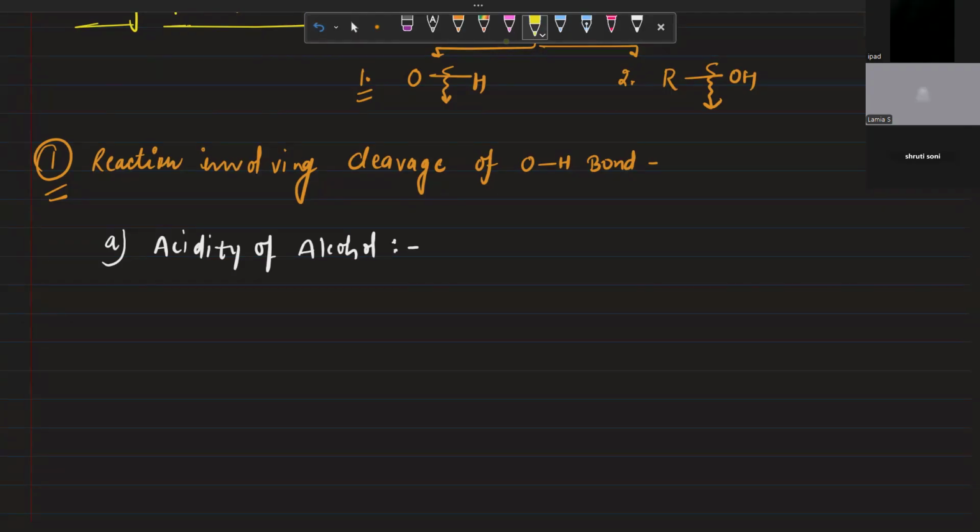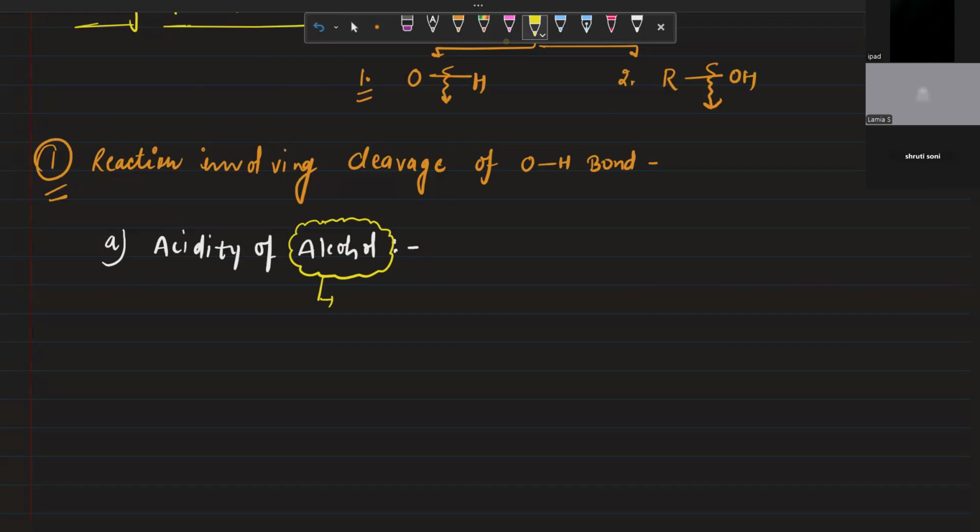So, if we need to check the acidity of alcohol, we have alcohol, and we are discussing the bond breaking between oxygen and hydrogen. As the OH bond will break easily, in that case, that will be more acidic. Yes or no?